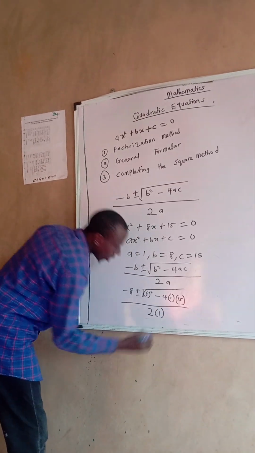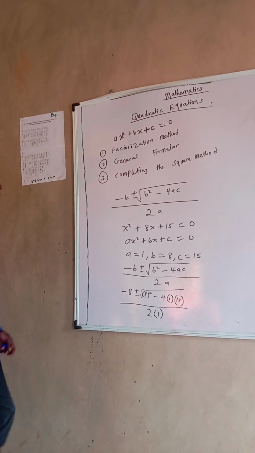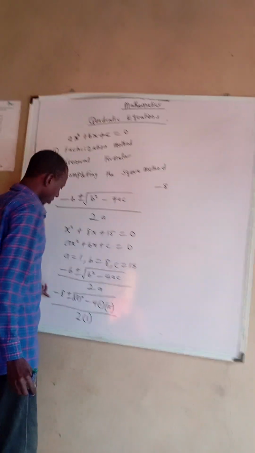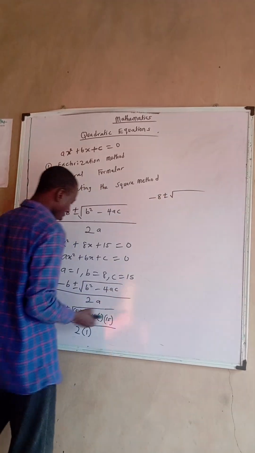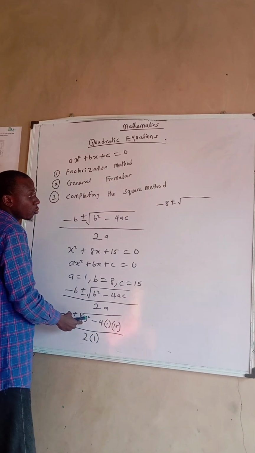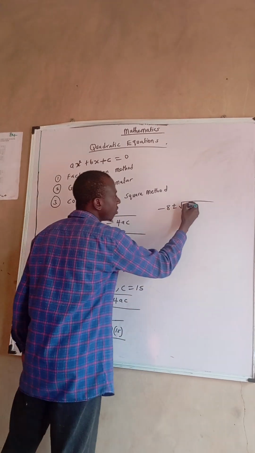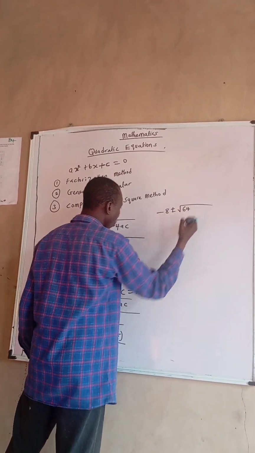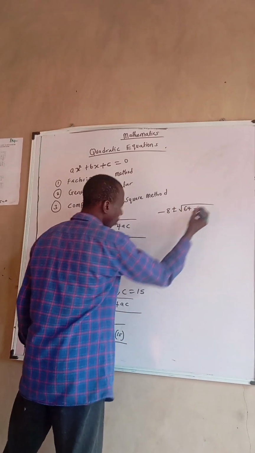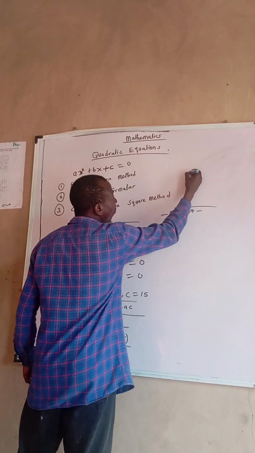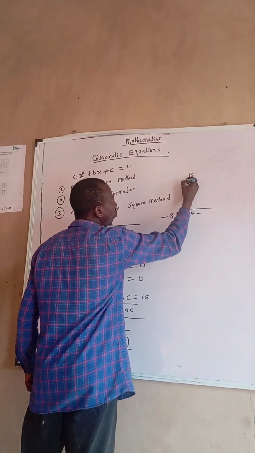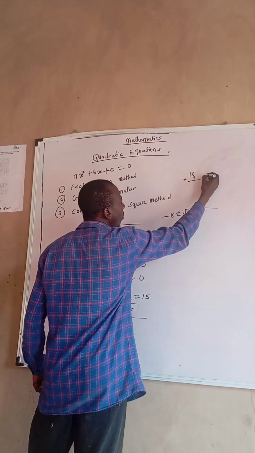2 times 1. Now, we have this as minus 8 plus or minus the square root of 8 squared. 8 squared means 8 times 8, which is 64, minus 4 times 1, 4. 4 times 15. We want to make the multiplication. 4 times 5 is 20.